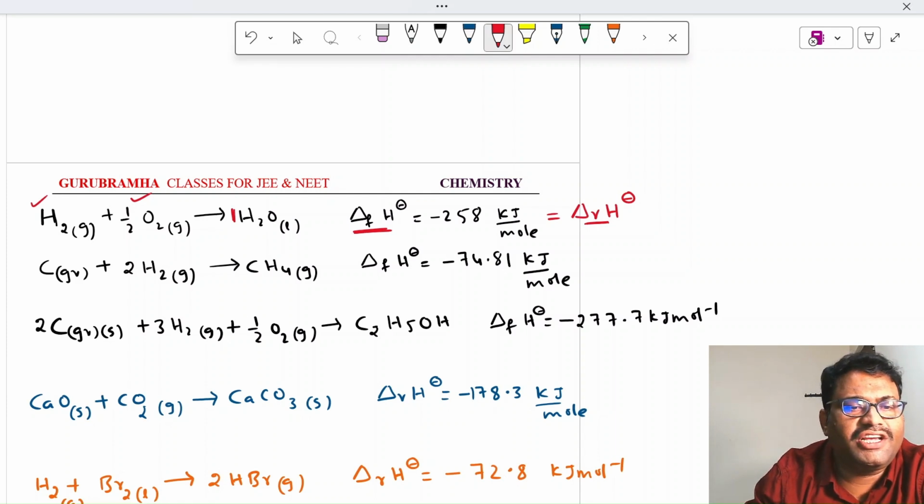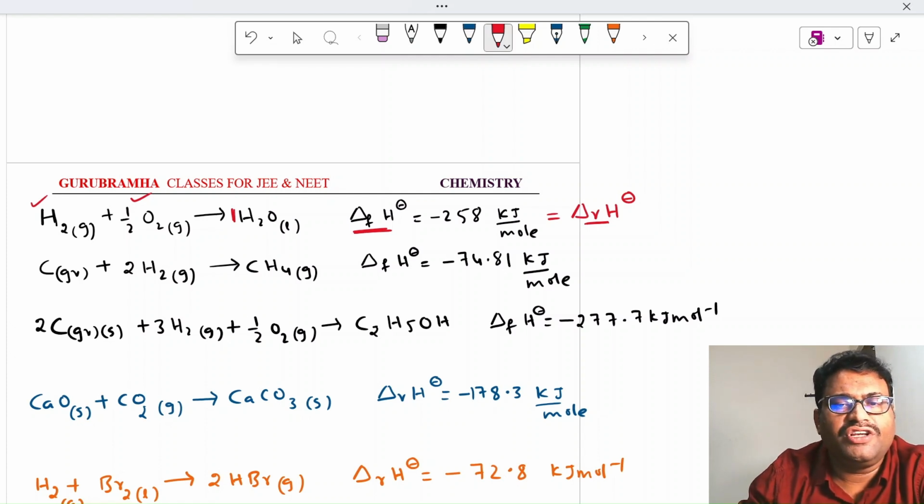Because this representation satisfies the definition of enthalpy of formation. For this reaction, some amount of heat energy is released, and this is called the enthalpy of reaction, and I am calling it the enthalpy of formation because it satisfies the definition.